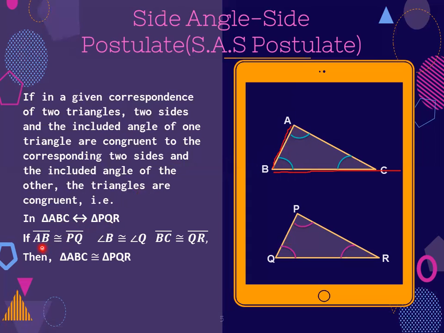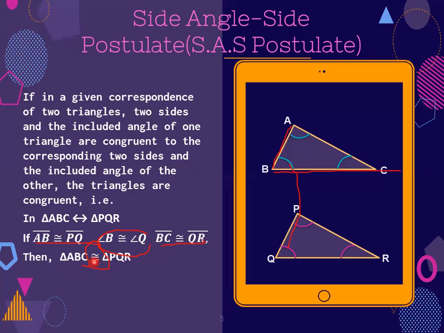then AB will correspond to PQ, angle B will correspond to angle Q, and side BC will correspond to side QR. Two sides and the included angle are congruent to each other, so you will say that the triangles are congruent.